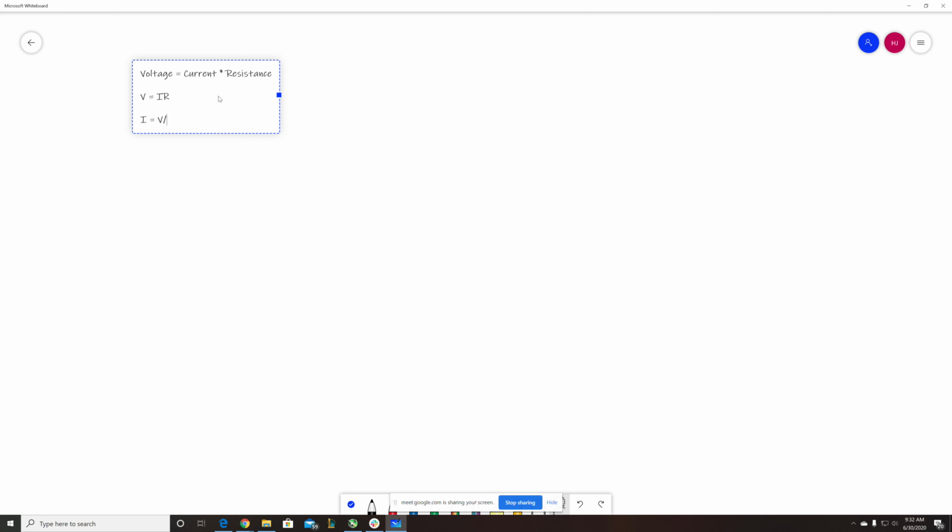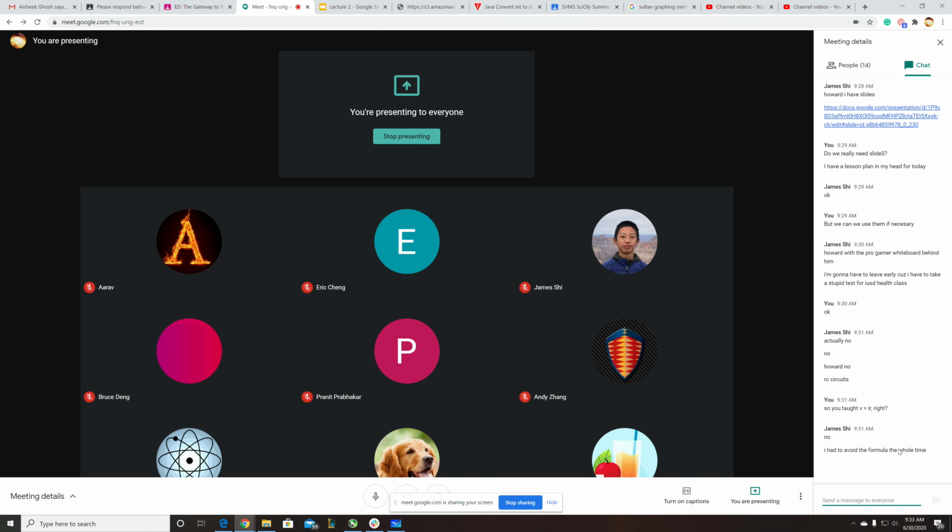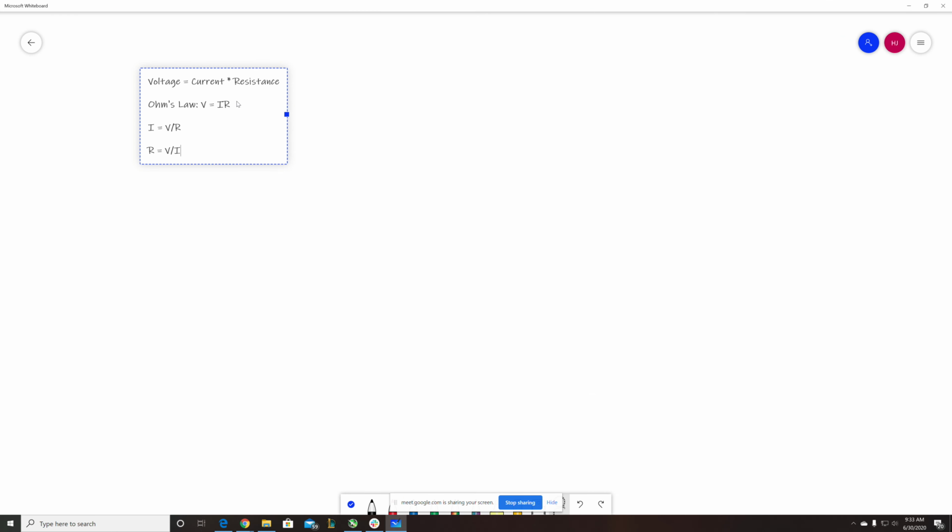I is equal to V over R, or R is equal to V divided by I. There are many ways to do this, but you just need to derive these three formats from V equals IR, and this is what people call Ohm's law. It's the one formula they call it. You can change it to these different arrangements if you're interested.